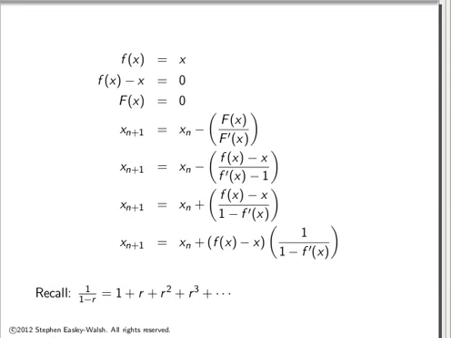Geometric. What's the a for this geometric sequence? 1. And what's the r? r. Because I'm multiplying each number by r. And remember, you have your formula for the sum. It's a times 1 over 1 minus r. So here a is 1 and r is r.